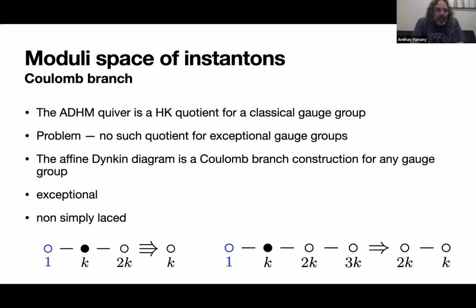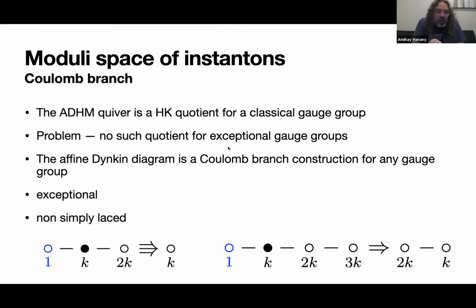So I put here a slide on the moduli space of instantons. That's one of the nice applications of understanding symplectic singularities through the Coulomb branch. And the way it goes is that the ADHM quiver is a good construction of the moduli space of instantons using hyperkähler quotients, but it only works for classical gauge groups.